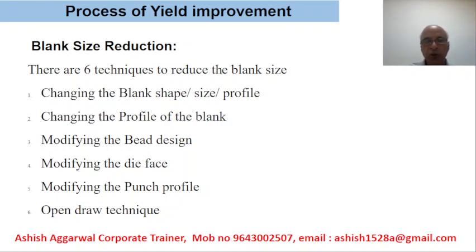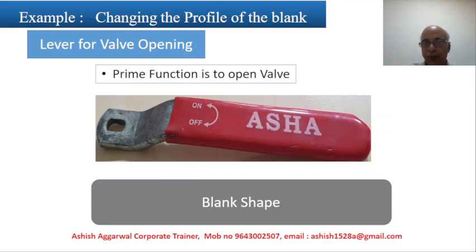Instead of a closed draw operation, an open draw technique can be used. So there are 6 techniques which are used to reduce the input weight, to improve the yield.